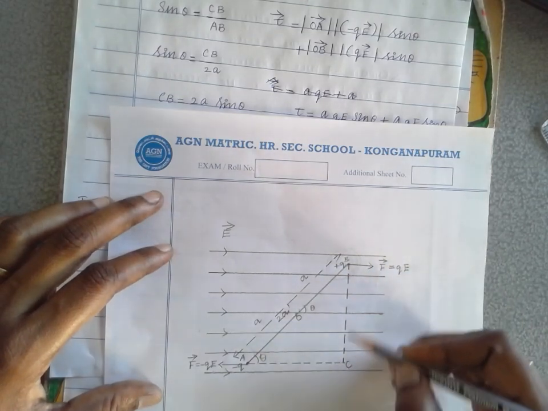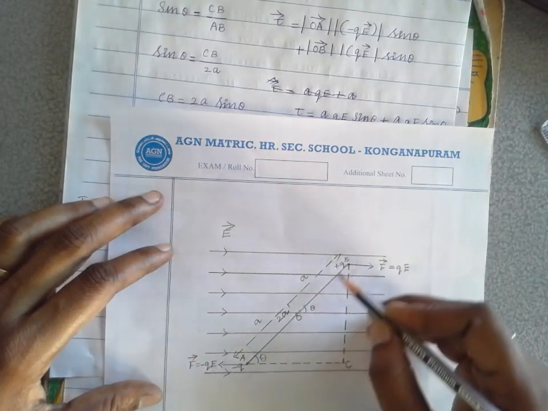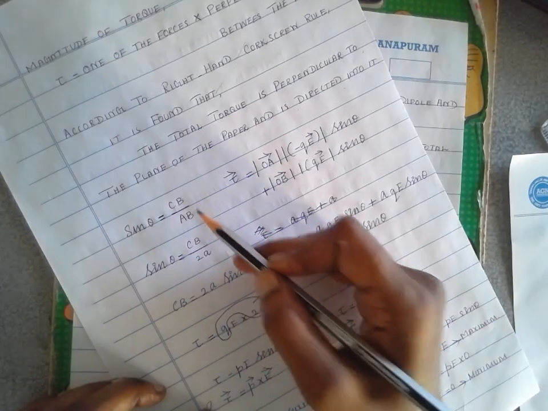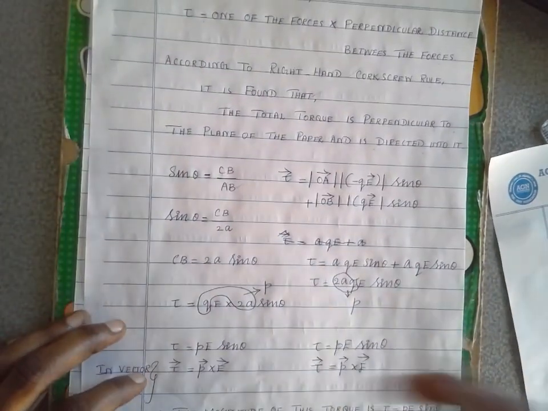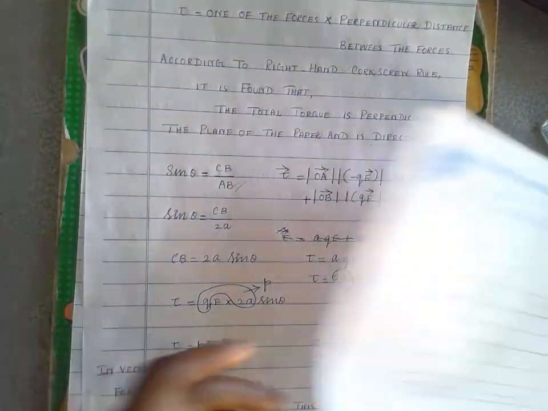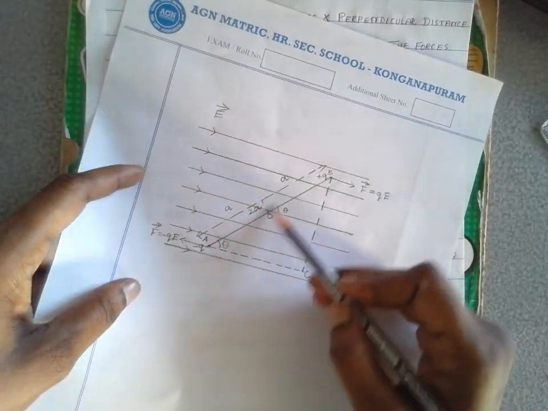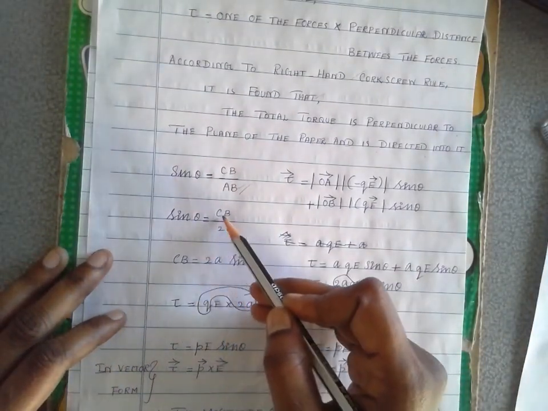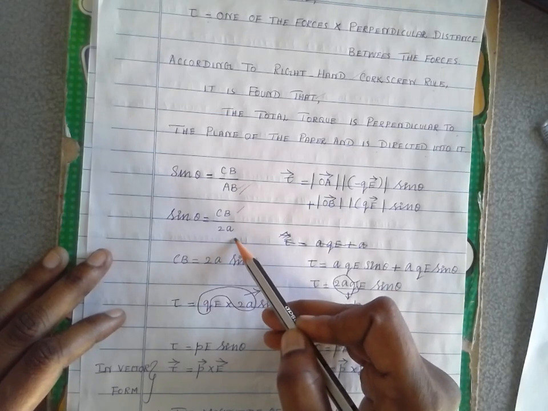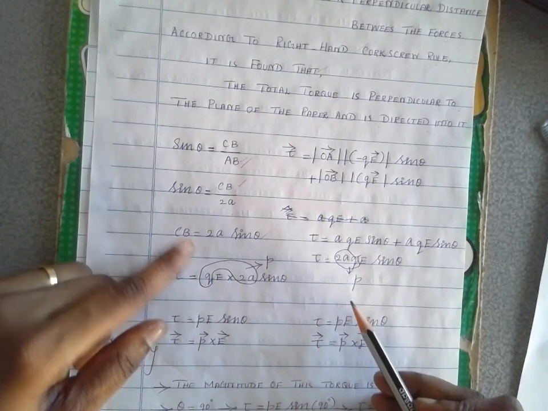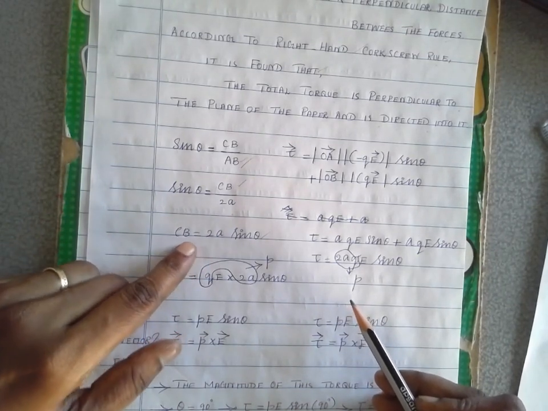That means the opposite side is CB divided by the hypotenuse AB. Here sin theta is equal to CB divided by AB, that is 2a, the dipole distance. Therefore sin theta is equal to CB divided by 2a. From this, CB is equal to 2a sin theta. Now we have the value of the opposite side.